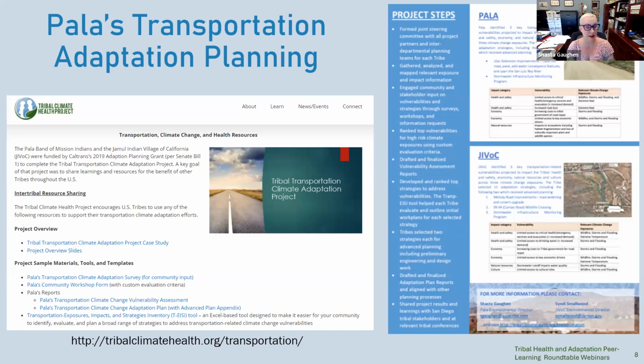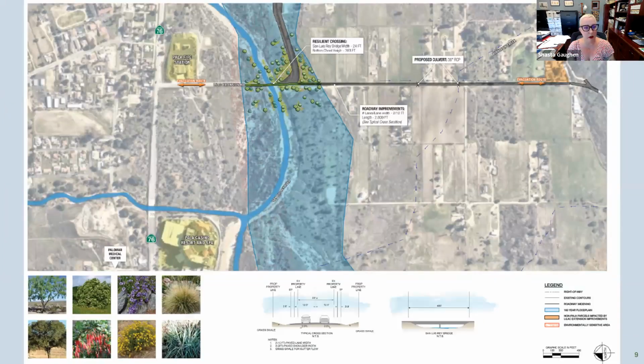It was an interesting contrast. But the point is that, through both community input and our modeling of potential climate effects, we determined that there were certain areas more in need of adaptation strategy implementation than others. And so this is one of them.